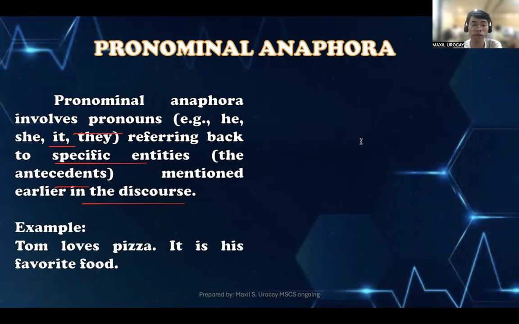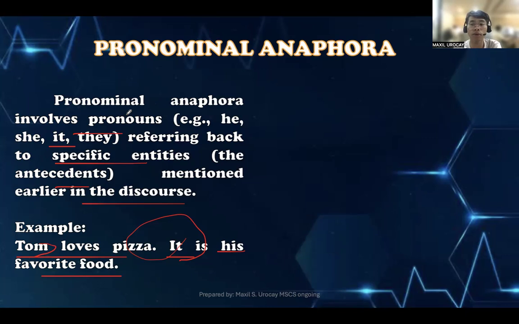Say, for example, Tom loves pizza, so it is his favorite food. Instead of using pizza again, as in pizza is his favorite food, which is redundant already. Or pizza is the favorite food of Tom, which is also redundant.